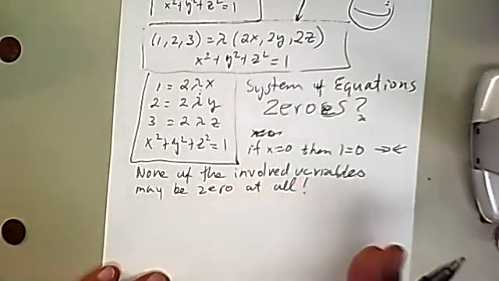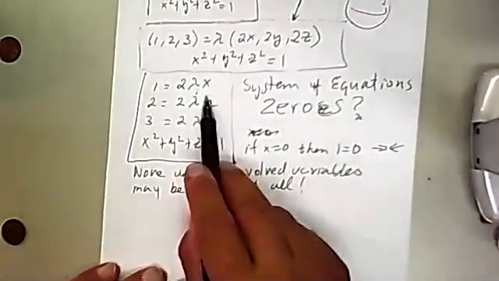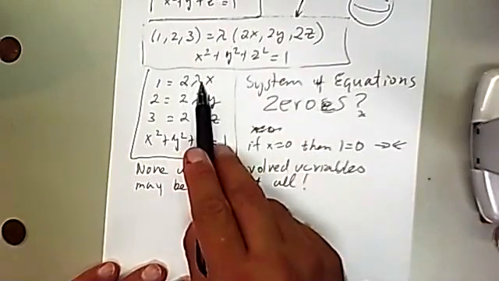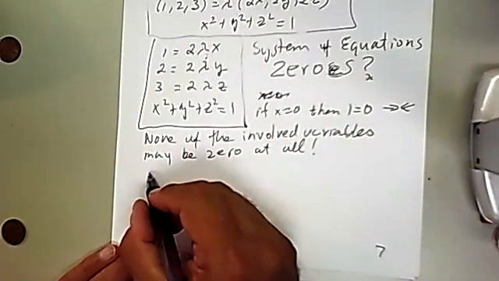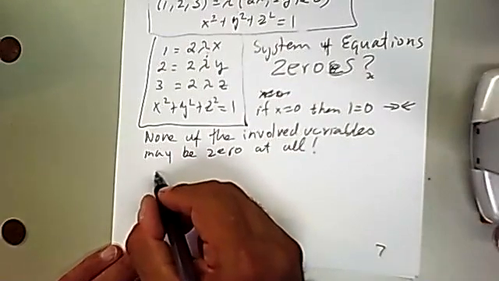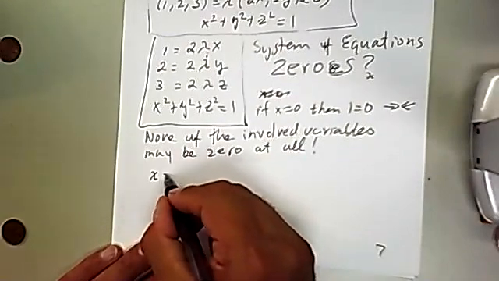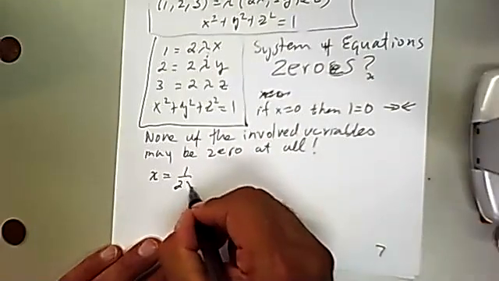Good. That means that we can divide, because the next thing I was going to do is divide by 2 lambda. You always got to be careful when you divide. Divide is tricky. X is 1 over 2 lambda.